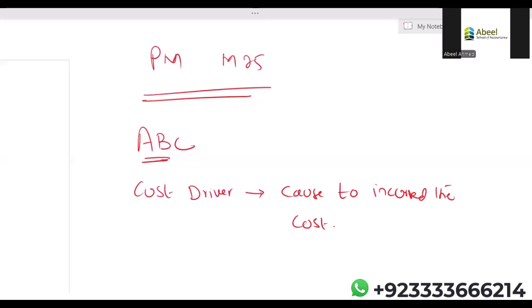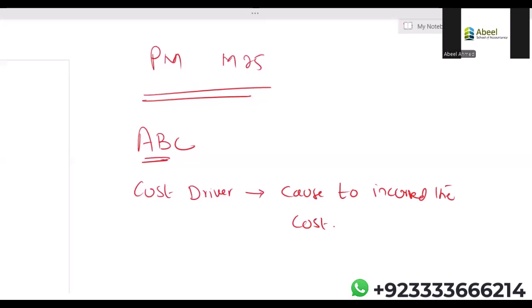The total overheads under absorption costing and ABC will be the same, but the per unit ABC rate is going to be different as compared to absorption costing.